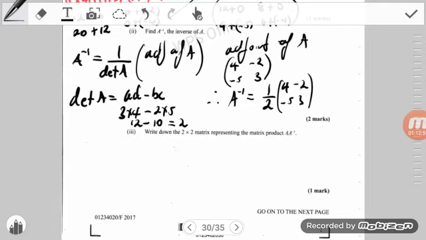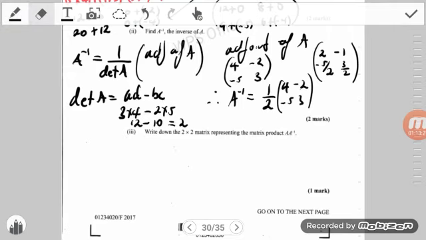A half of 4 is 2, a half of -2 is -1, a half of -5, that's -2.5, which is basically -5 over 2. So 2, -1, -5 over 2, and a half of 3 is 1.5, which is basically 3 over 2. And that's your final answer there for that matrix.